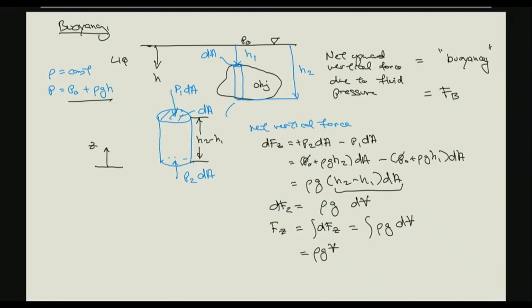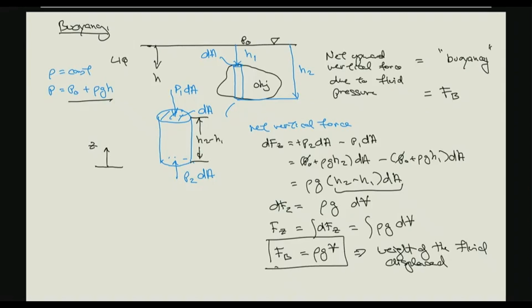And this net vertical force we're referring to as the buoyancy force. Since rho is the density of the fluid, this is the weight of the fluid displaced by the object.